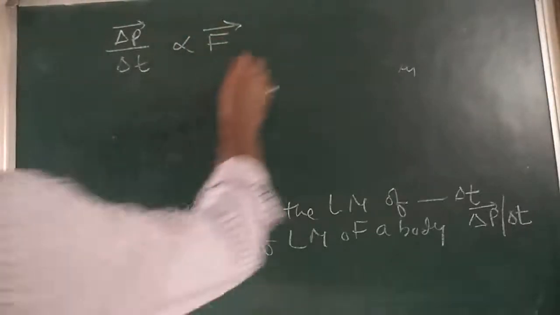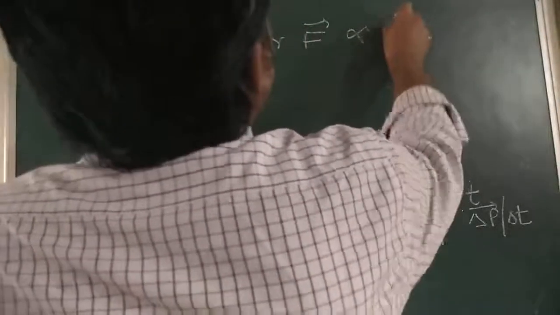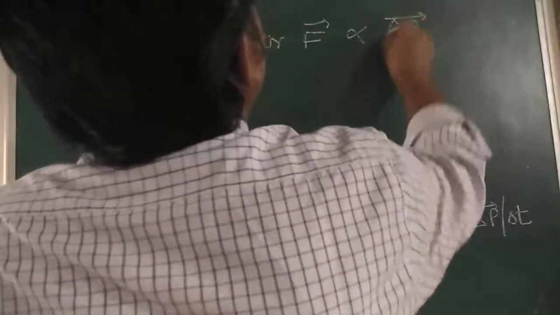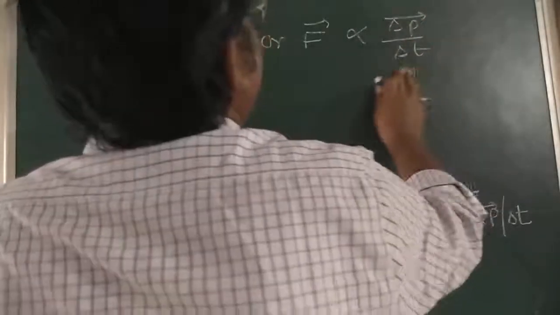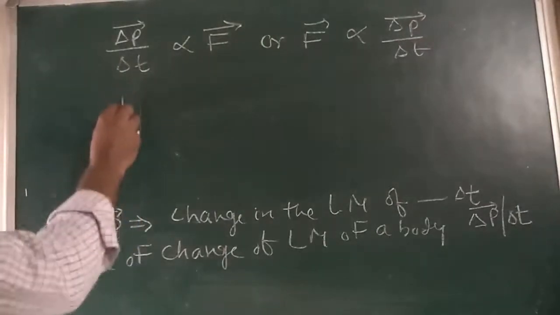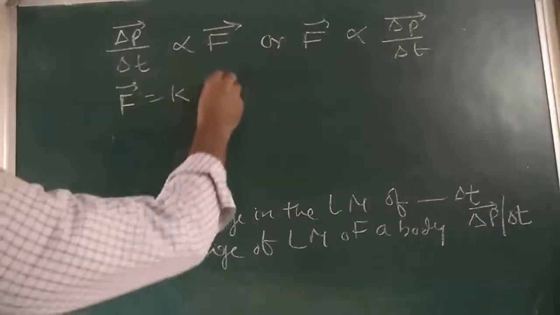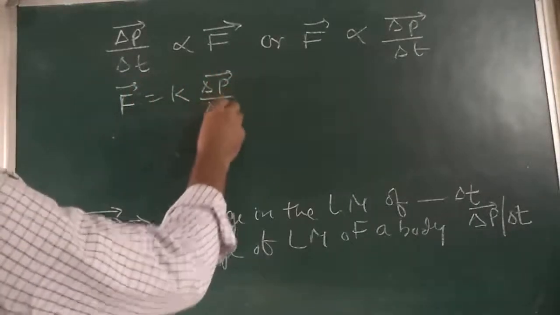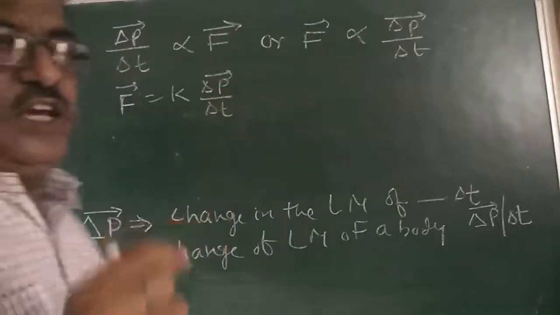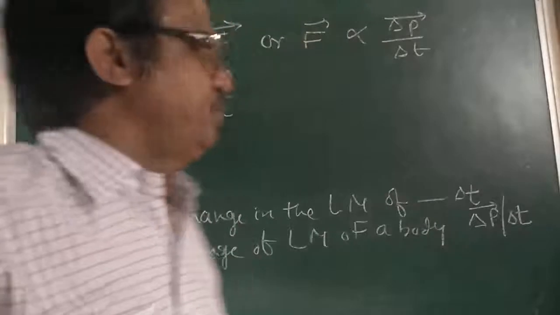Or I can say F is proportional to delta of P divided by delta of T. So F is proportional to delta P by delta T. The constant of proportionality here is K. What is K? K is the constant of proportionality.